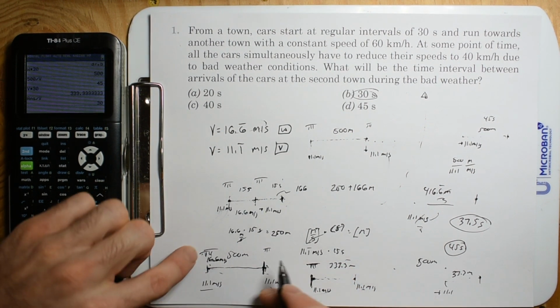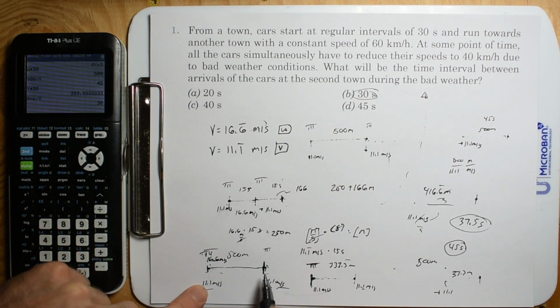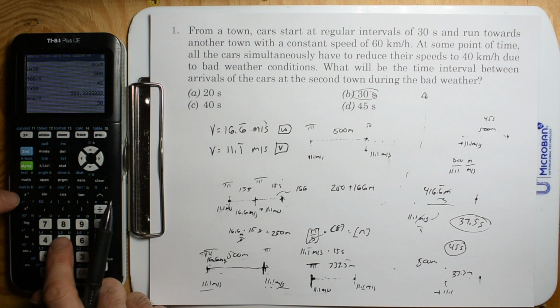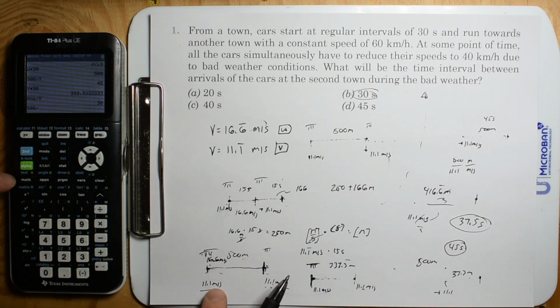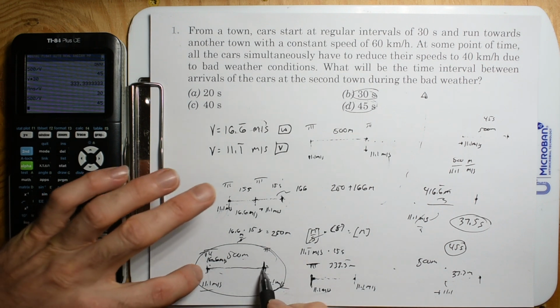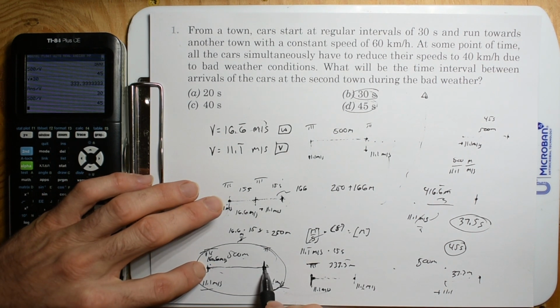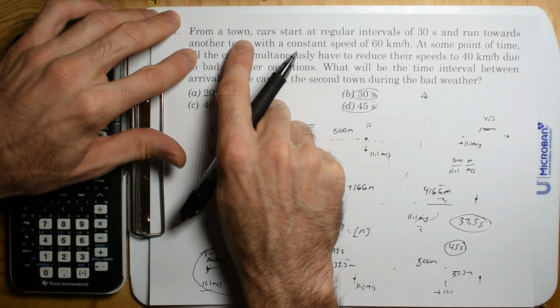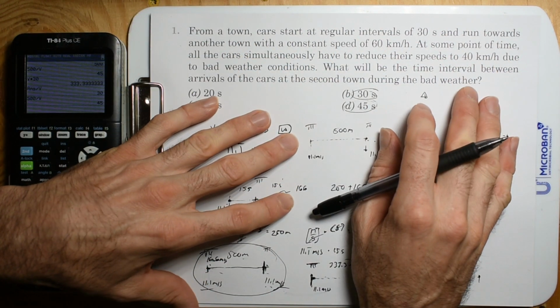You know what I mean? So when you get to the finish line, you'll have 500 meters, so it'd be 500 divided by alpha V, and we'll have 45 seconds. That's probably the most likely scenario, where both cars are actually on the track. That's the only part of this problem that it doesn't say: how many cars.